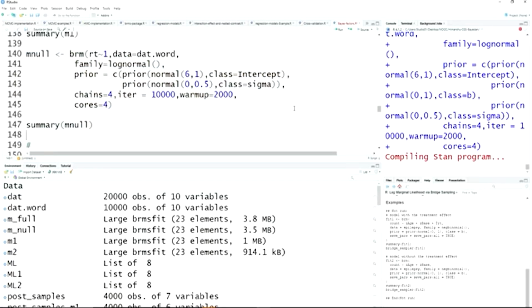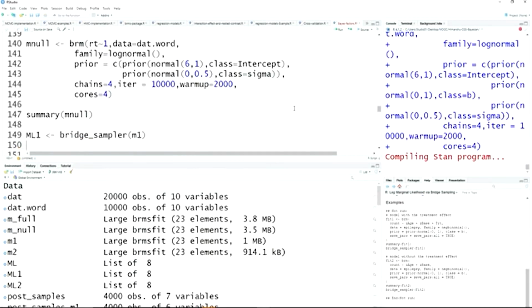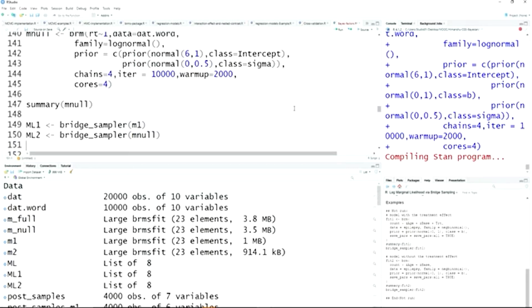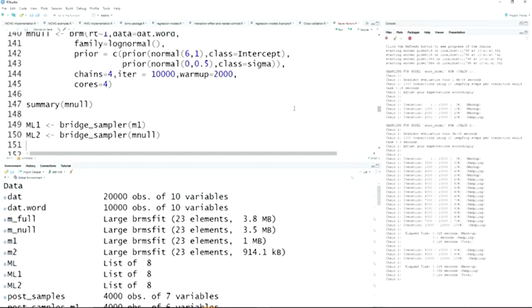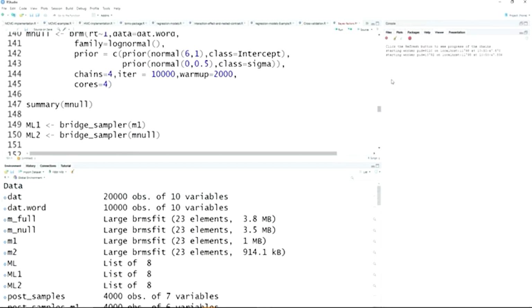And now to compute the marginal likelihood for model 1, it would be bridge sampler M1. Marginal likelihood for model 2 would be bridge sampler M null. So we do exactly the same process as we did before. And this will test the hypothesis whether there is a significant effect of frequency or not. Okay.